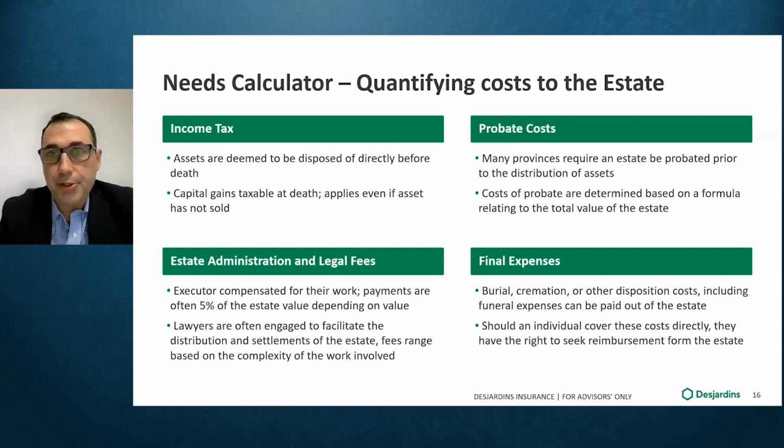It's typically the largest component. Estate administration and legal fees. It's going to break down probate by asset and give you a total probate fee, and final expenses, which you can actually customize on the tool. So if you typically sell $25,000 or $50,000 of final expenses, you can tailor that on the report as well to be included in the total.